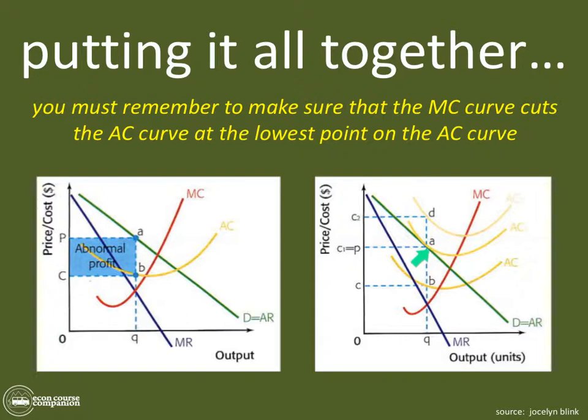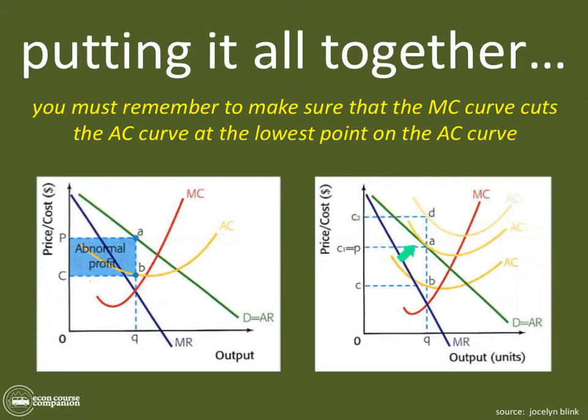Now, if you're asked to show a loss in a market structure of monopoly, then you would take this quantity, forget these other curves, and extend it up. Then you would draw your average cost curve so that its lowest point is at the marginal cost curve, and where your cost curve crosses the profit maximizing quantity, you would draw over, and this is your cost now, because your costs are higher than the price.